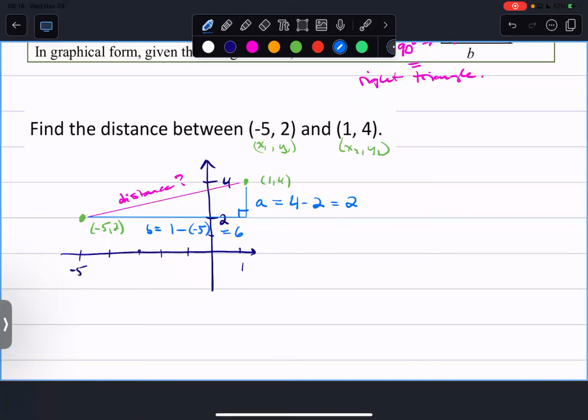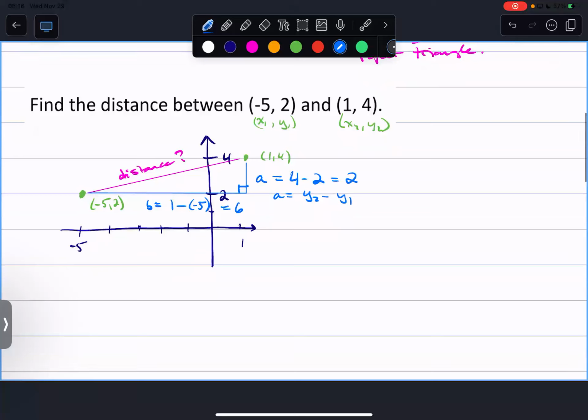So then A is y2 minus y1. This all feels familiar from the average rate of change, which is finding the slope. So we've seen this in other forms before. And then we did x2 minus x1.